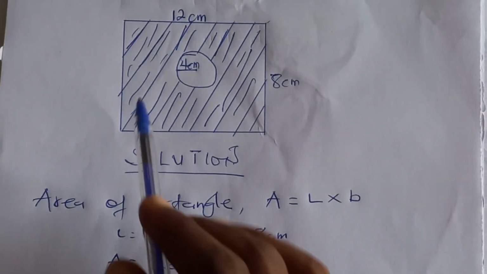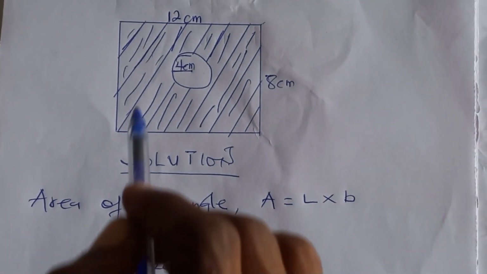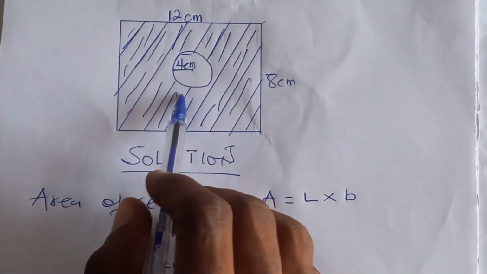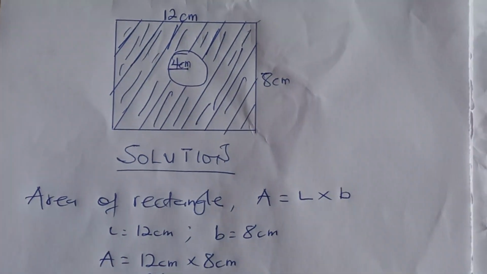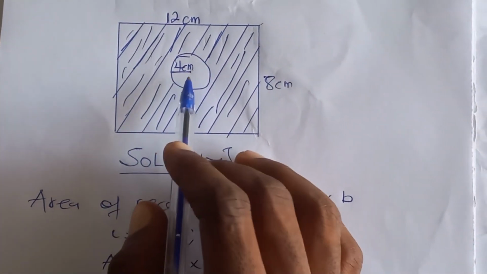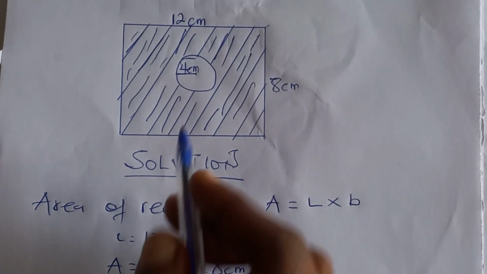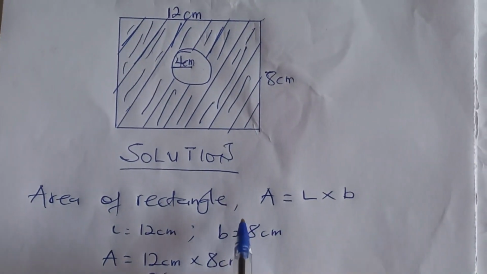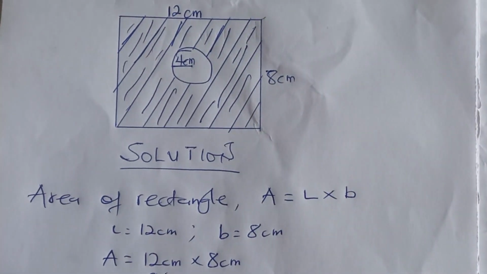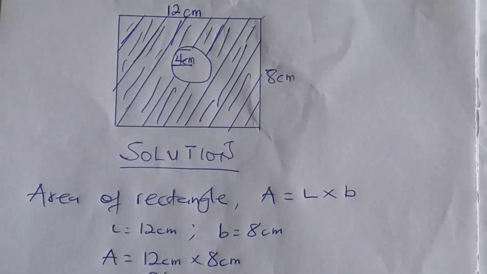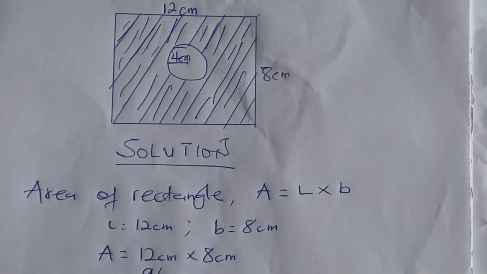We are looking for the area of the rectangle first, since within the rectangle there is a circle. After getting the total area of the rectangle, we calculate the area of the circle. After getting these two areas, we then subtract the area of the circle from the rectangle so that we get the shaded portion, since where the circle is drawn, there is no shading.